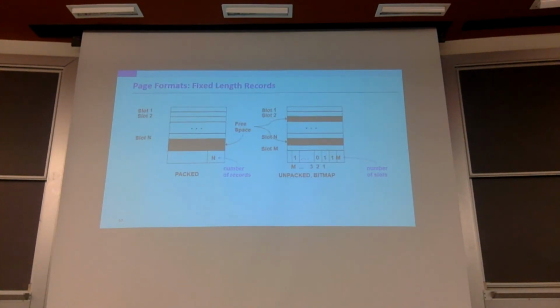So we talked about records, but still we need to put those records into the pages, right? Because files consist of pages. So what you can do is, if you only have fixed length records, remember that for fixed length records we know the length beforehand.